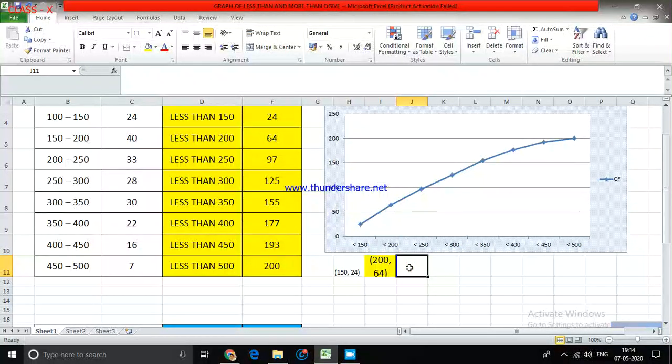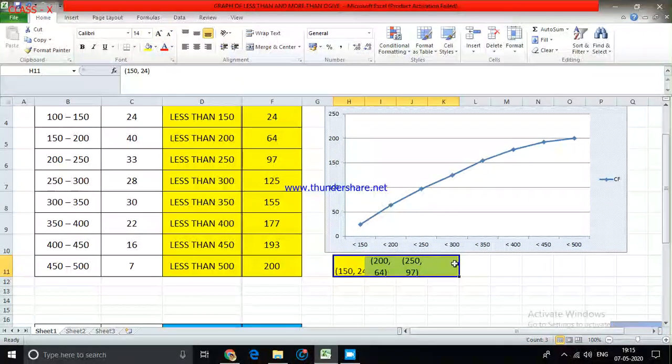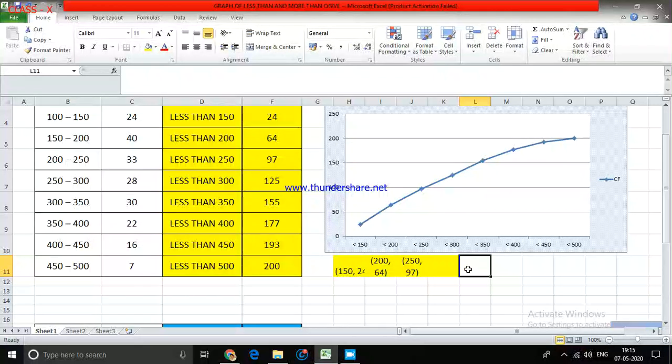Then third point is 250 comma 97. Okay, so like this you can design all the points. Or we can name them. Next, fourth point will become 300 comma 125.